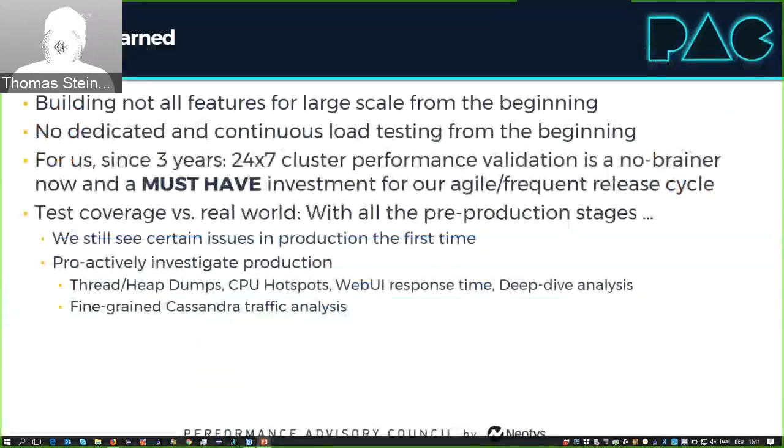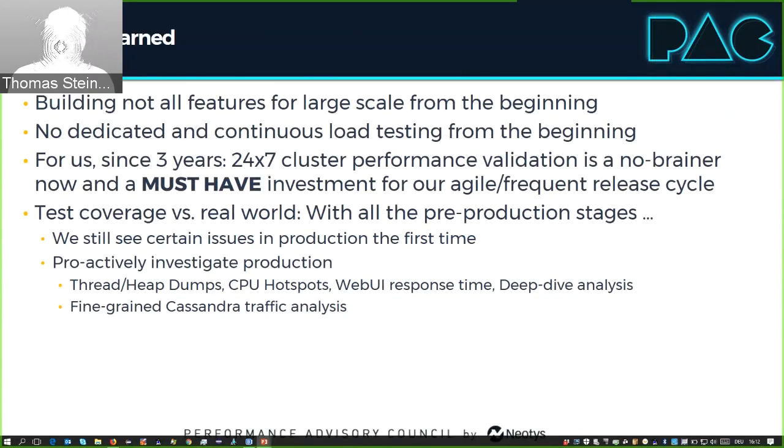So a few things I would like to summarize. What we really learned was that not all features were built for large scale from the beginning. So it was about priorities, features. It's always a bit features versus quality from a priority and resource perspective. We had no dedicated continuous load testing from the beginning, so it was more like, okay, we should most likely do some load testing and then we switch over to features again and so on.